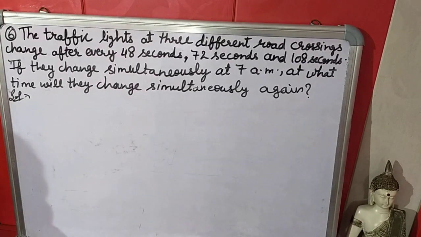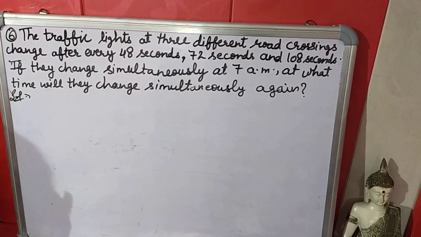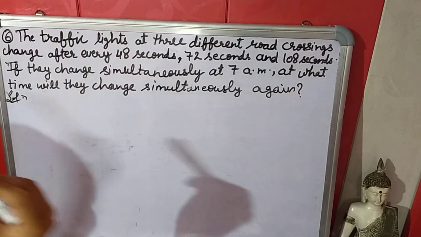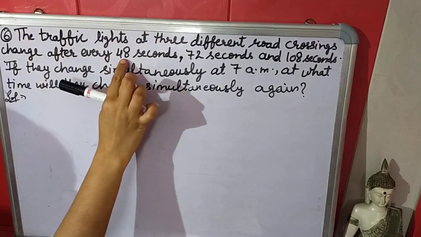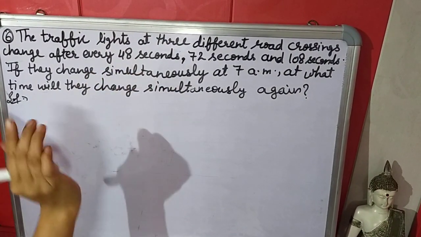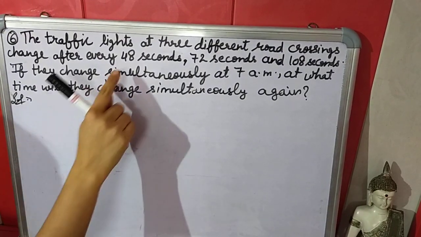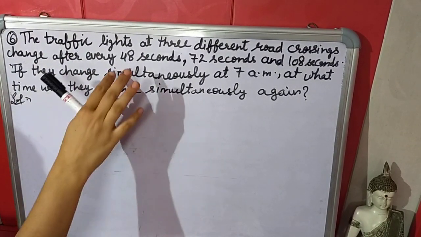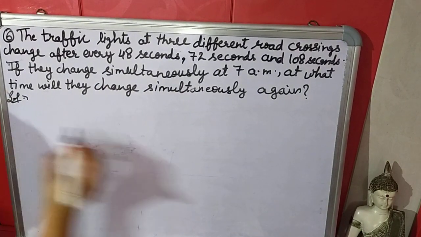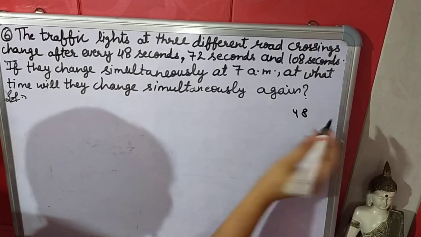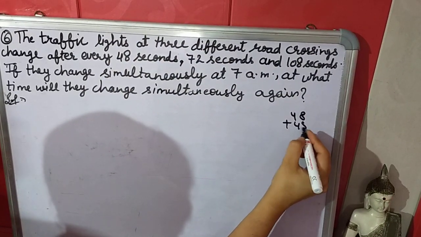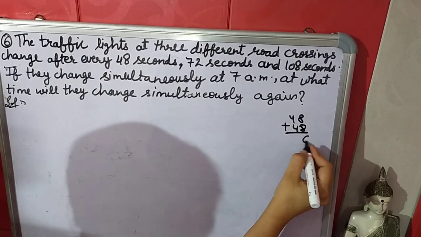So how will we find that? We have to take LCM or HCF. If I take the green light at 48 seconds, when will the green light change again, when will the green light come? After 48 seconds it will be green light.